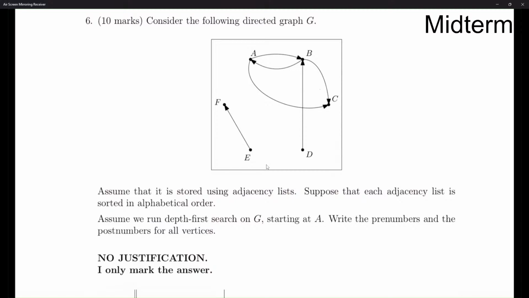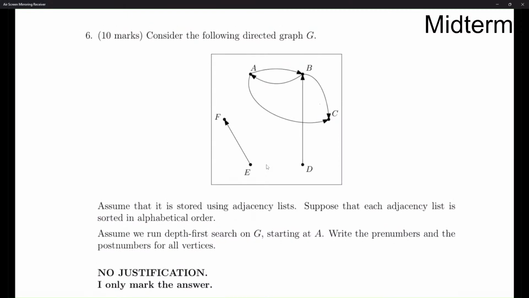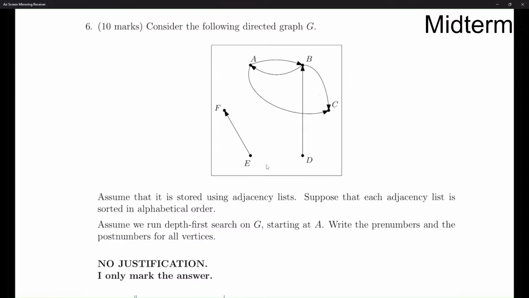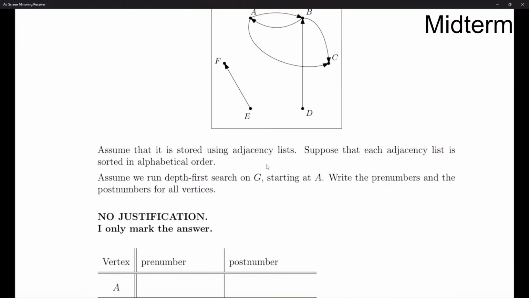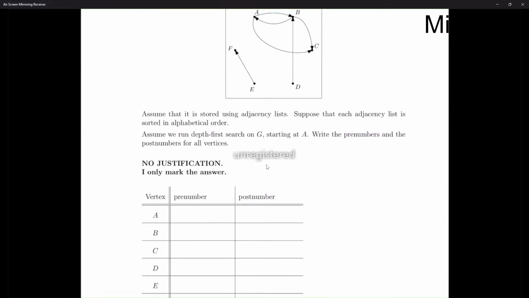Consider the following directed graph G. Oh my god, I actually forgot so much. So we run a depth first search on G starting at A, write the pre-numbers and post-numbers.